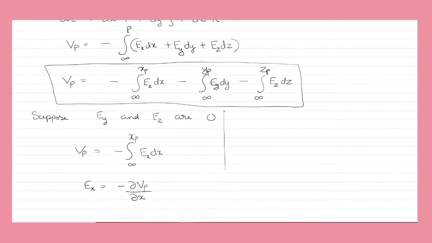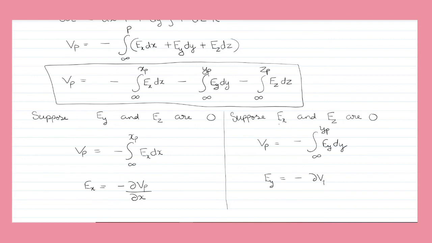In the similar manner, suppose Ex and Ez are 0. So we will get Vp is equal to minus the integration from infinity to yp of Ey dy. So when we assume that Ex and Ez are 0, then in this case we will get Ey is equal to minus the partial differentiation of V with respect to y.